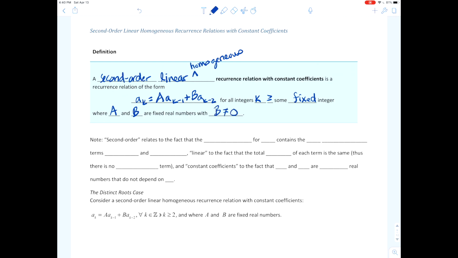Because if B was equal to 0, it would zero out the term.